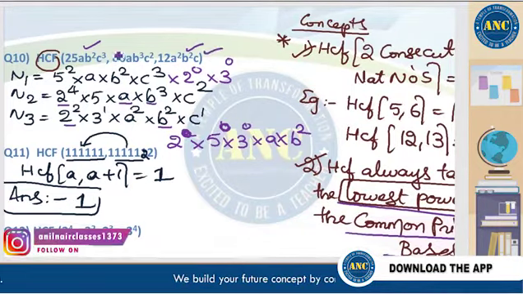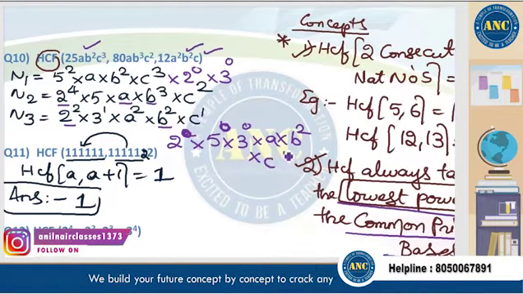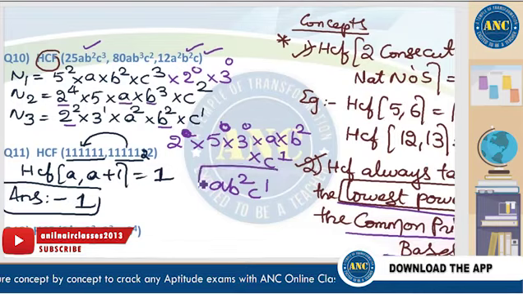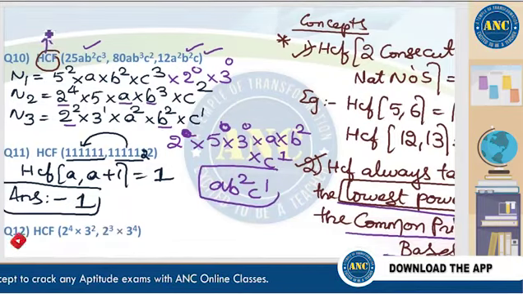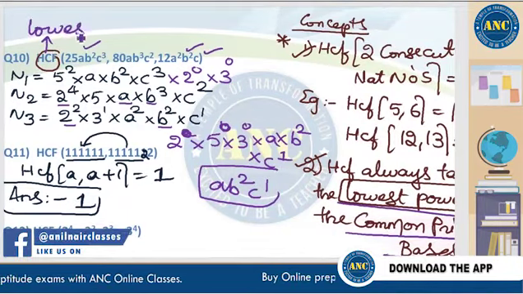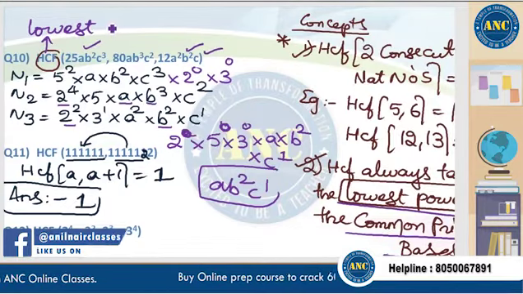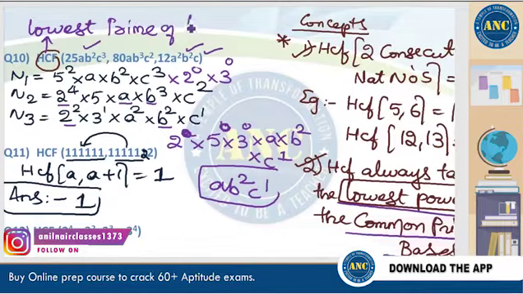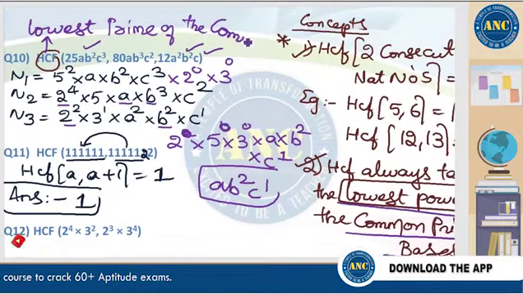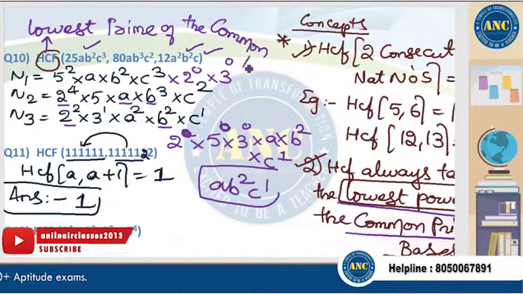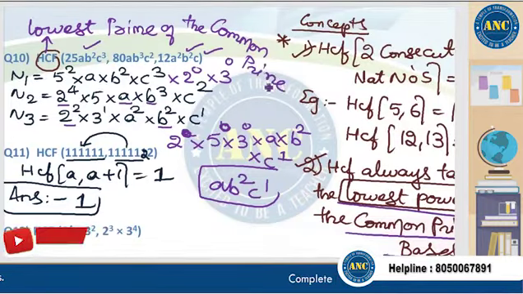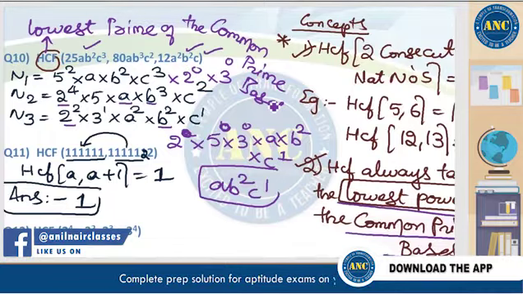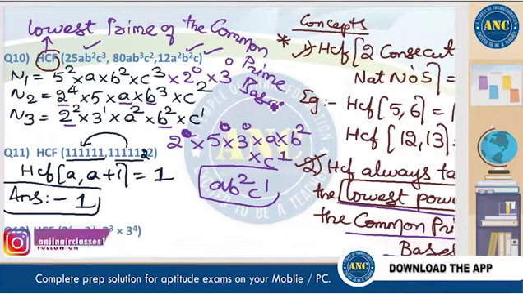C power 1, C power 2, C power 3: lowest is C power 1. So the answer for this question is A B square C. HCF always takes the lowest power of the common prime bases. I hope the idea is clear.